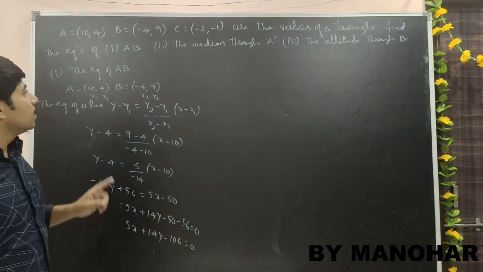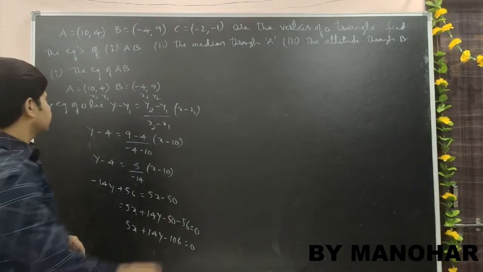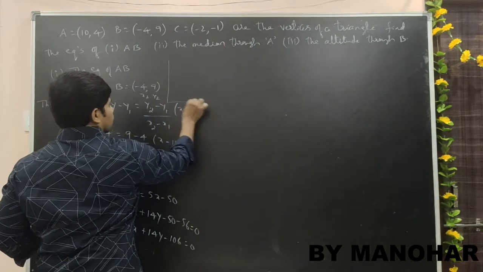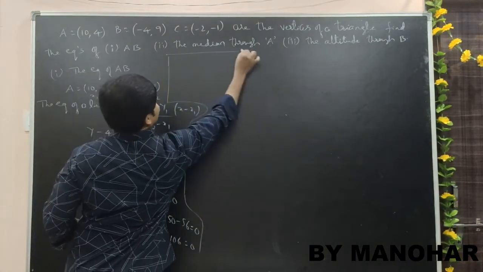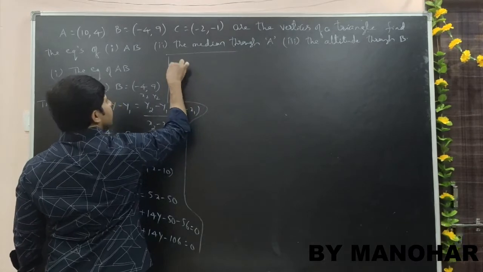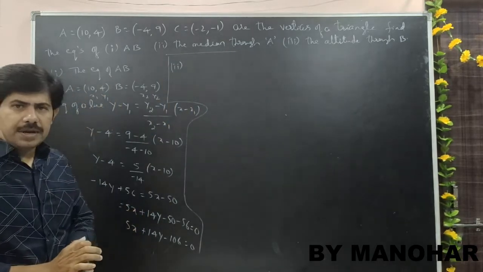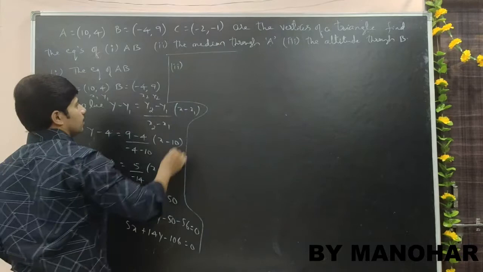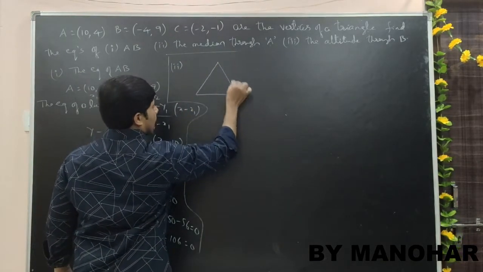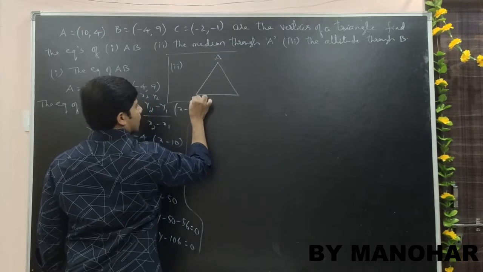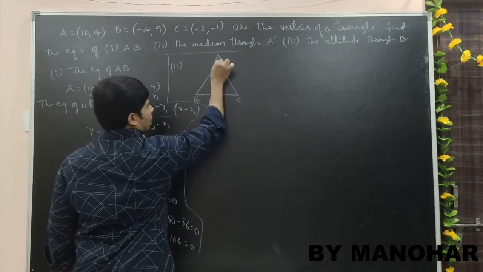Now after that, median through A. Second one is median through A. So to find the median through A, we draw a triangle. Draw one line.